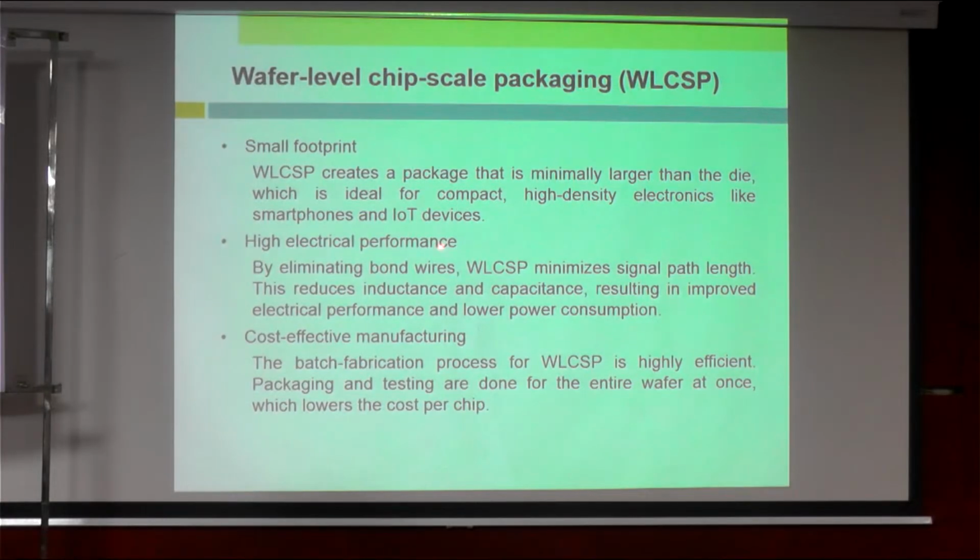And high electrical performance because it eliminates wire bonding, and because you have a through silicon via as well, it minimizes signal path length. This reduces inductance and capacitance. And cost-effective manufacturing because it's a batch production, batch fabrication process for the chip itself.